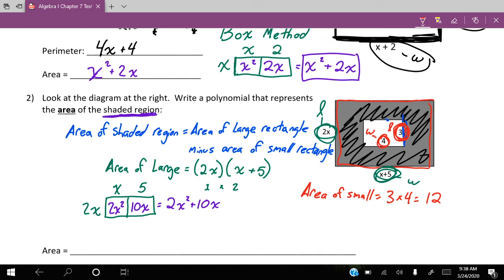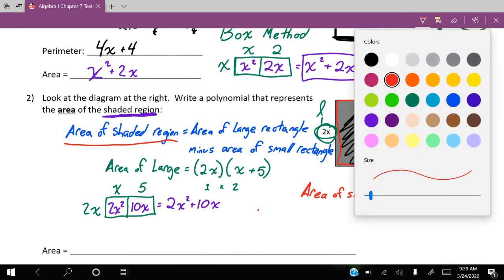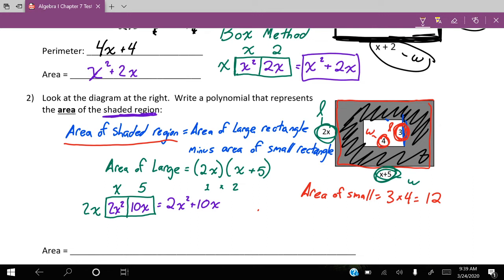All right, here's my last thing. I know I need to find the area of the shaded region, which means I want to take the area of the large rectangle and subtract, or minus, the area of the small rectangle. So I'm going to say, let's put this in a new color. I'll put it in brown. Hopefully that comes out.